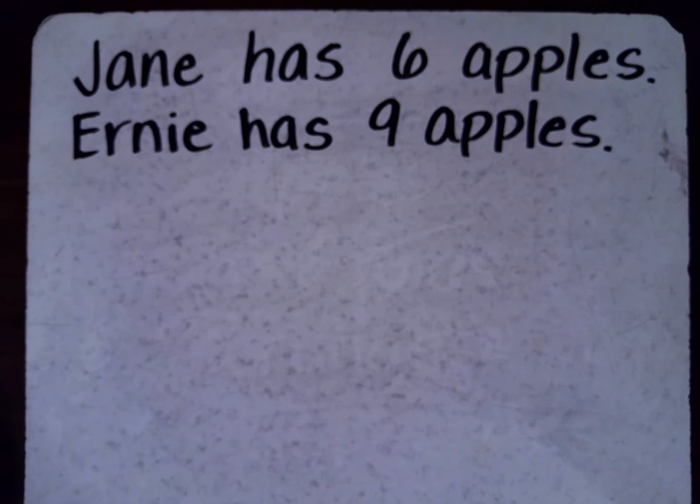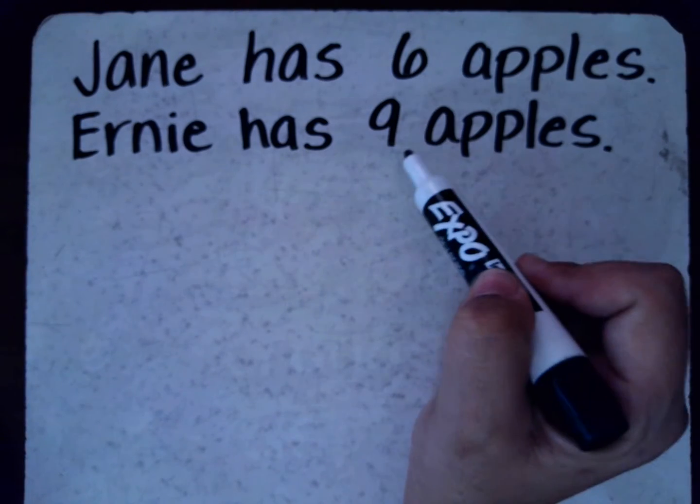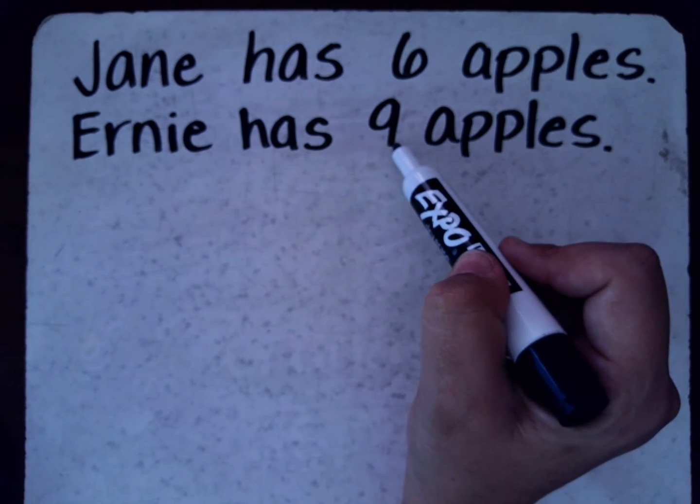So on my board, you can see that I wrote a word problem for you. It says Jane has 6 apples, Ernie has 9 apples. This is actually the start of a word problem. So let's just talk about what we know. So we know that Jane has 6. We know that Ernie has 9.